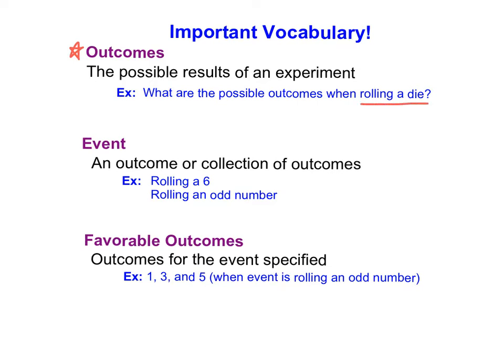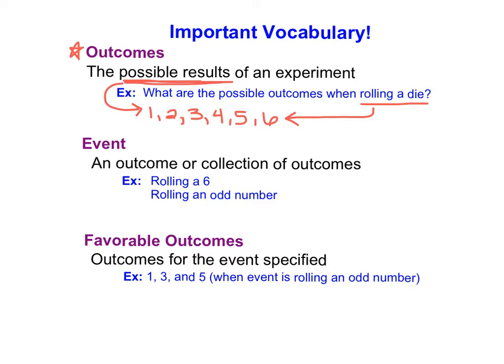The outcomes of rolling the dice, if it's a normal 6-sided dice, are 1, 2, 3, 4, 5, or 6. One of these 6 things is going to happen when we roll a dice. So the outcomes are the possible results that could happen. In this case, 1, 2, 3, 4, 5, and 6.